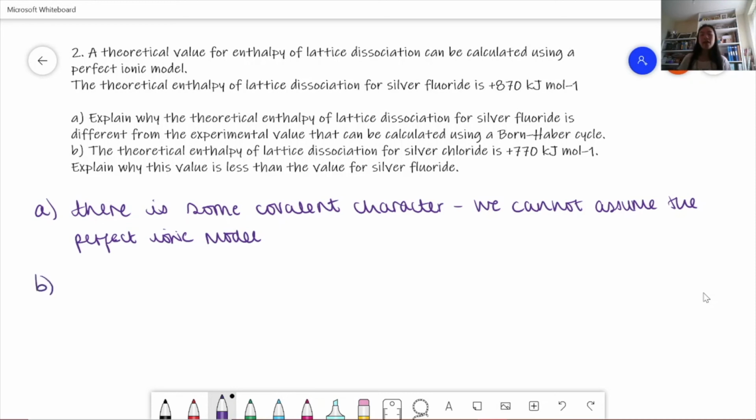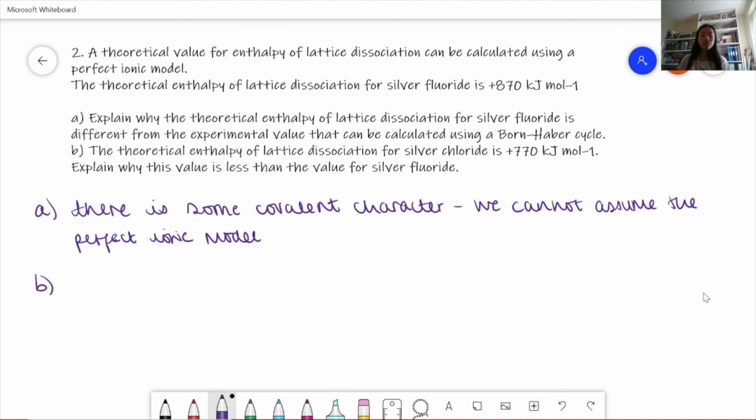And then for B, the theoretical enthalpy of lattice dissociation for silver chloride is plus 770 kilojoules per mole. Explain why this value is less than the value for silver fluoride. Well, if you think back to polarization, for something to be really good at polarizing, the ion needs to be quite small.